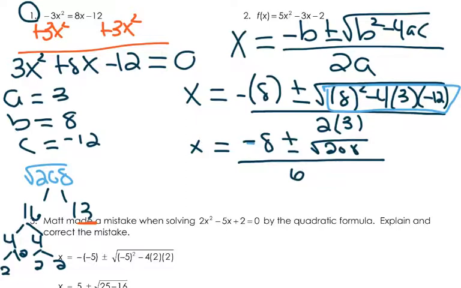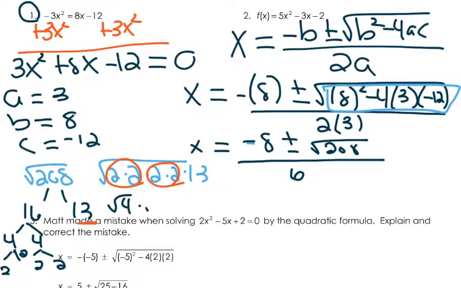I would put them back and have 2 times 2 times 2 times 2 times 13. And I'm going to circle my pairs. And then I would have the square root of 4 times the square root of 4 times the square root of 13. And that's 2 times 2 times radical 13.